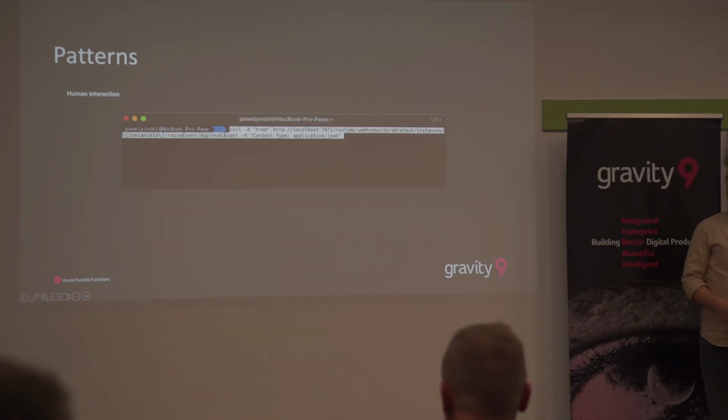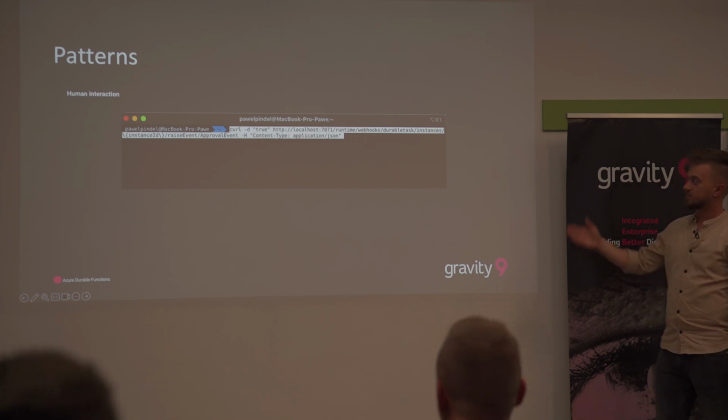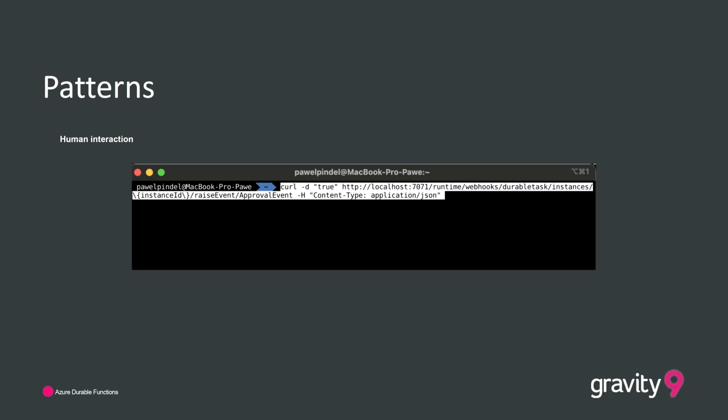So you can always raise this event from standard curl, Postman, whatever. You can have some client that just runs this and raises this event. But why don't you want to do this? Because you need to know, for example, the instance ID to know where to send the event.